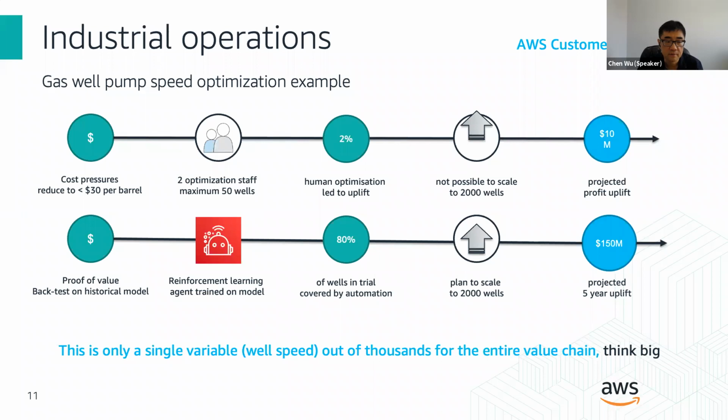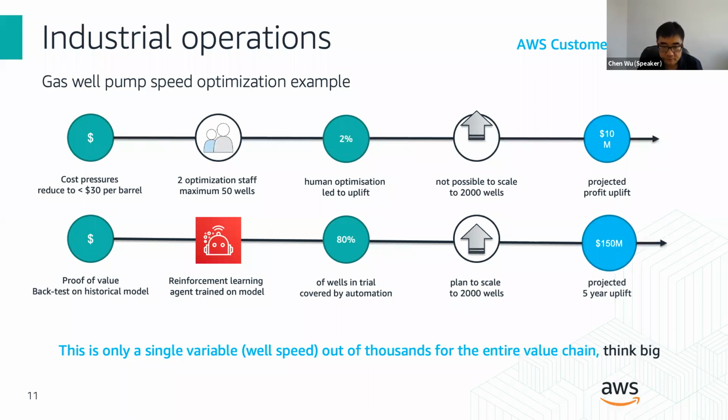So in this case, the team has attempted using reinforcement learning. The idea is to train a very good water rate model and a very good pump wear model, and then combine the two, and with some historical data, that allows us to fine tune the speed of the pump.